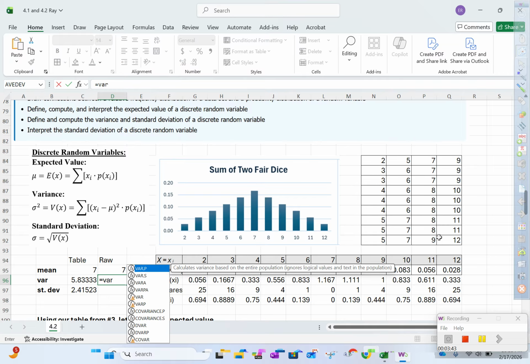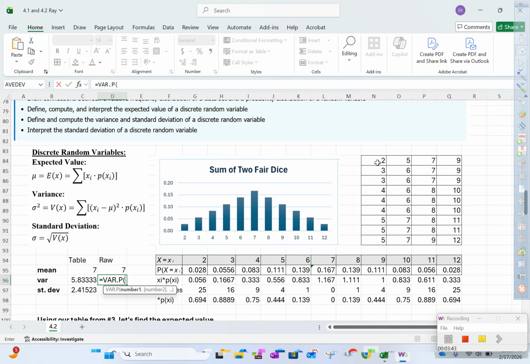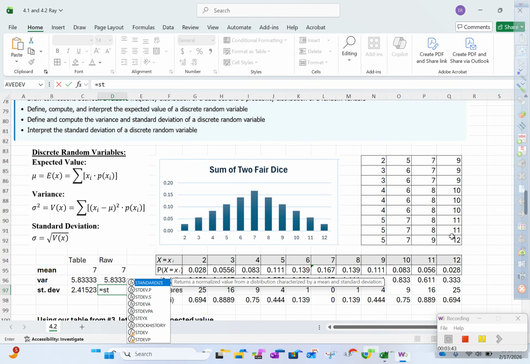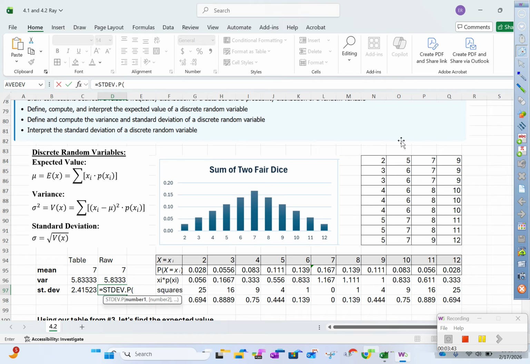Since this was the entire probability distribution, we're going to use this based on a population. And then calculate that from the table of raw data as well. And then 2 ways to get the standard deviation. One is take the square root, but we're going to practice using the Excel formulas, so standard dev.p for that.